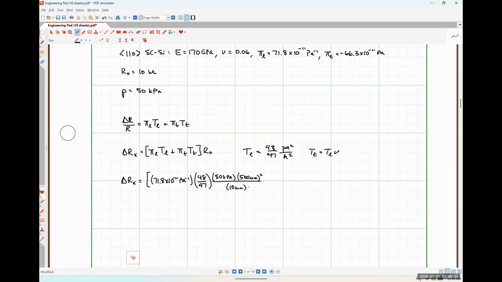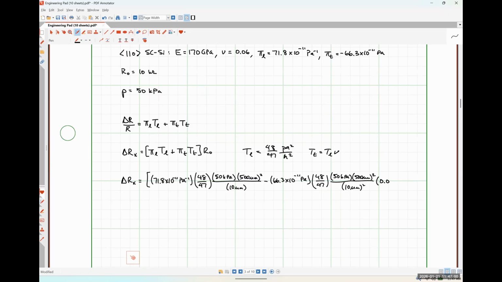For transverse, I'm going to put minus here because this coefficient is negative. So 66.3 times 10 to the minus 11 per Pascal. That same 48 over 47, 50 kilopascal, 500 micron squared, 10 micron squared.